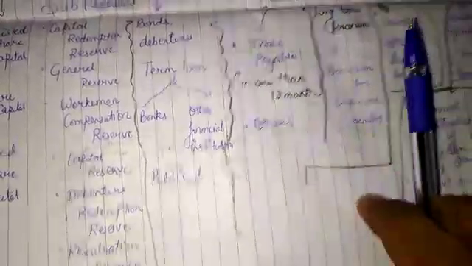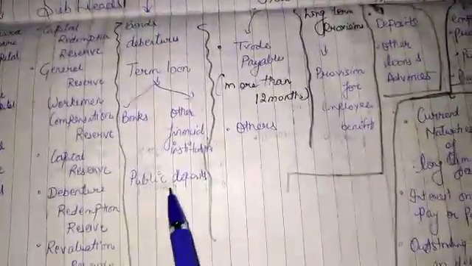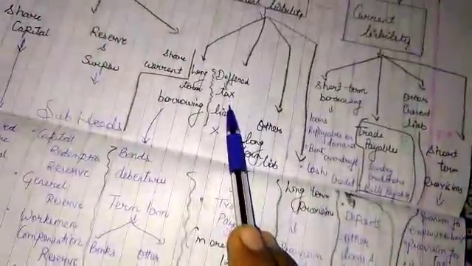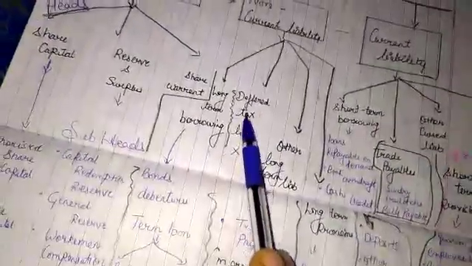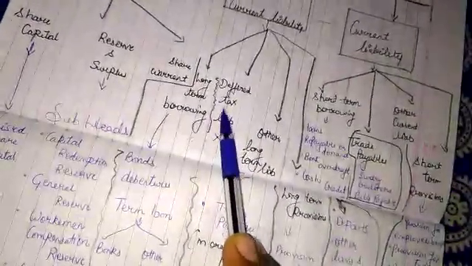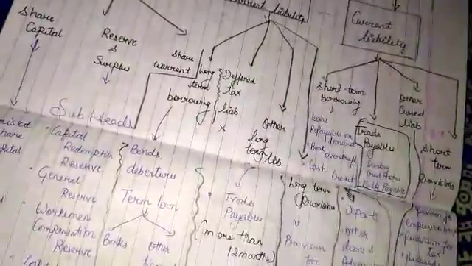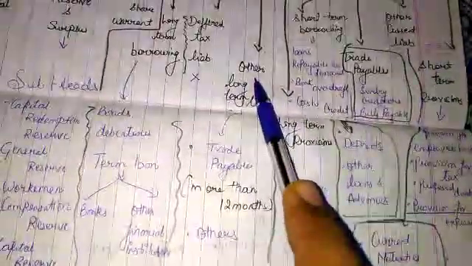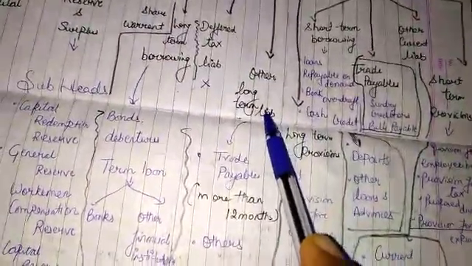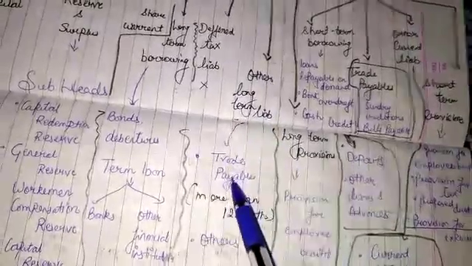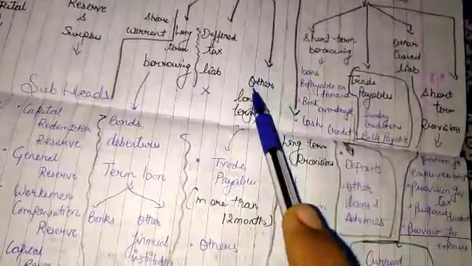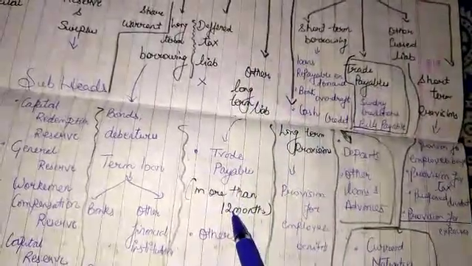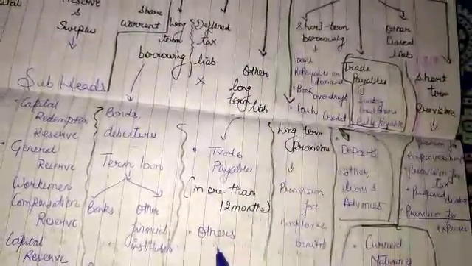And the next is public deposits. Now we are discussing deferred tax liability. Nothing comes inside deferred tax liability. So if they are asking about deferred tax liability, it is a part of non-current liability. Next is other long-term liability. Other long-term liabilities include trade payables which are more than 12 months, and others.